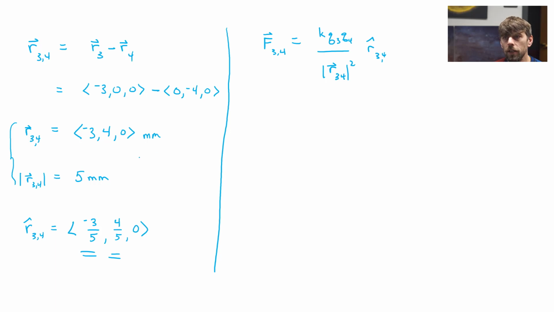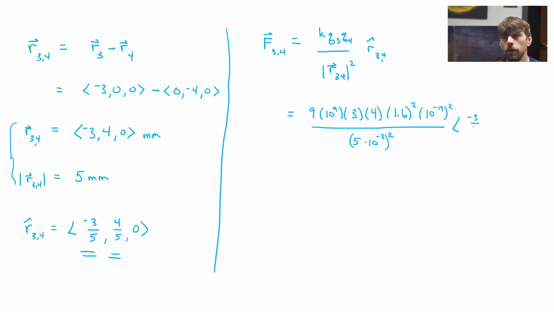We have a 9, 10 to the 9th. We have 3, we have a 4, and I'm going to lump stuff together now because I am incredibly lazy. Times 10 to the negative 3rd squared. And I'll go ahead and put in my unit vector.